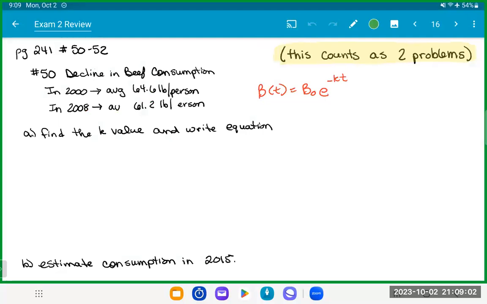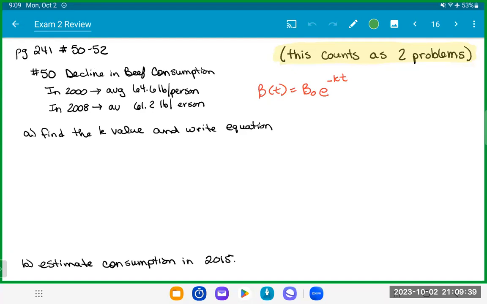All right, one more problem, being worth two problems on the exam. So for this problem, another application problem, this one comes out of section 5. This one is number 50. And it wants to look at the decline in beef consumption. So the annual consumption of beef per person was 64.4 pounds in 2000 and 61.2 pounds in 2008.